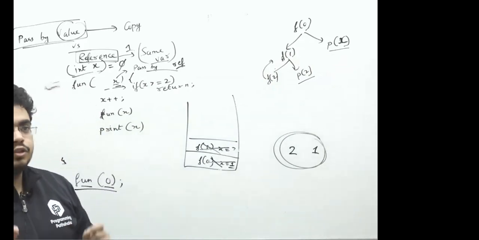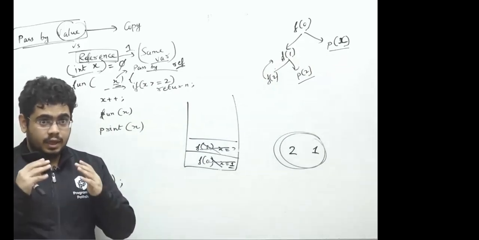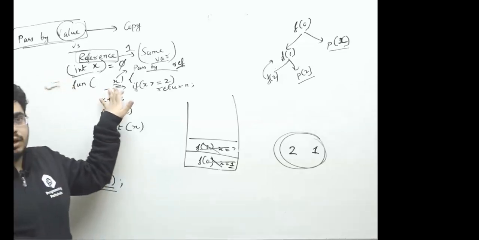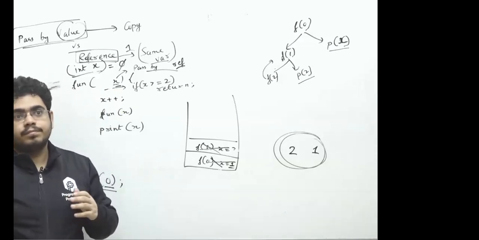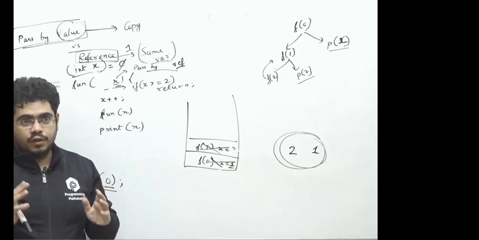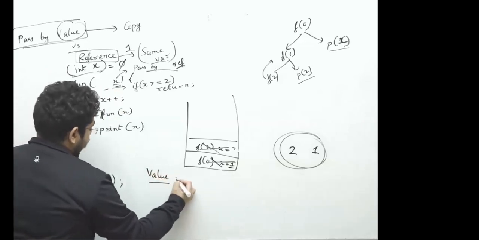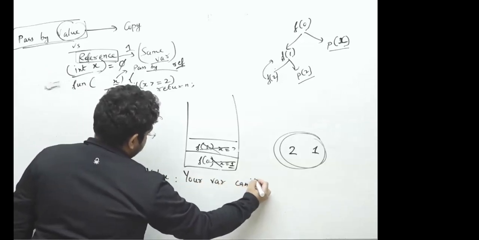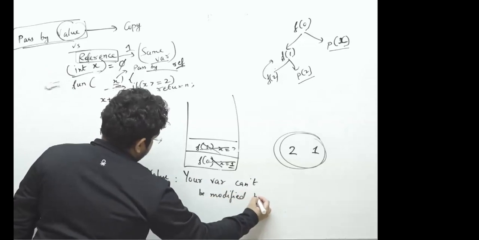Okay. So what I'm saying is, do you first understand the difference between pass by value and pass by reference? In pass by value, your variables are your own, right? No one else can modify them. Are you able to first get this? In pass by value, your variables can't be modified by other functions.